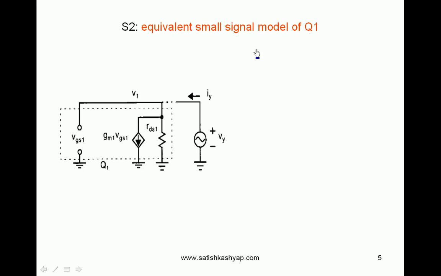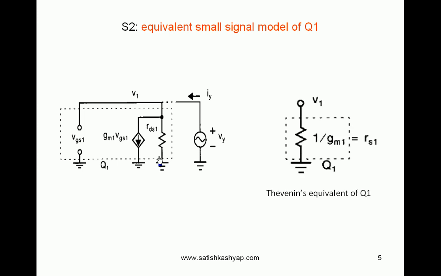So rds1 is nothing but output impedance of Q1 transistor, that is going to be treated as infinite, that is open circuit. So there is no current is flowing into this side. The total Iy which is coming from Vy is flowing into this gm1 VGS1 only. It doesn't go into rds1 since it is diode connected transistor, and which is going to be giving ID constant. ID constant in saturation means output impedance is infinite.